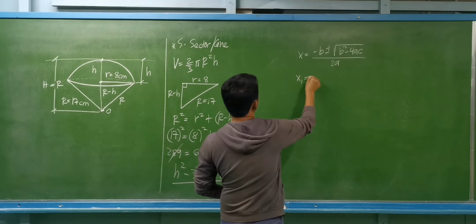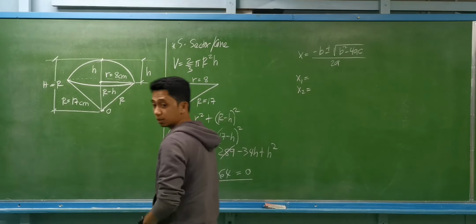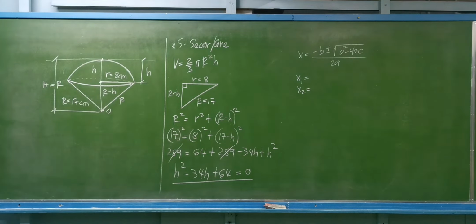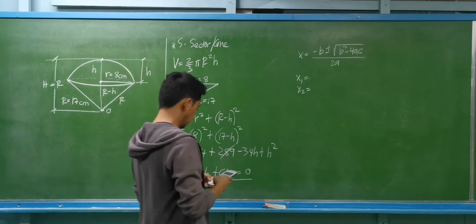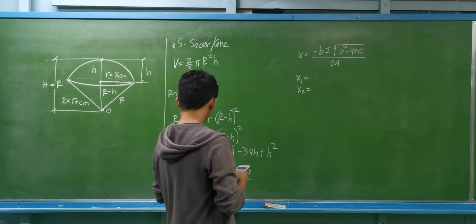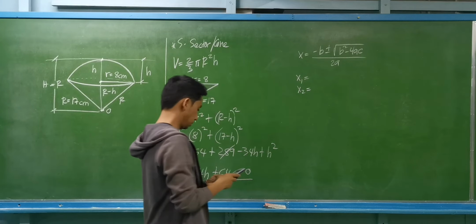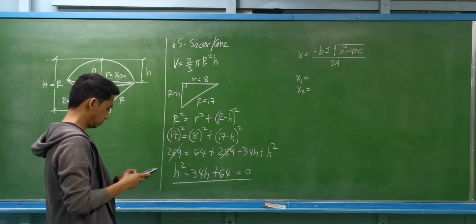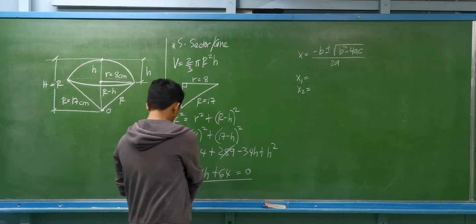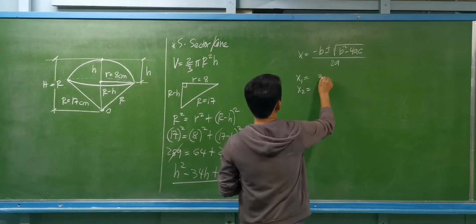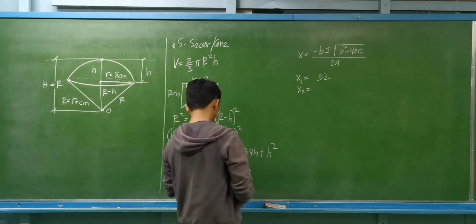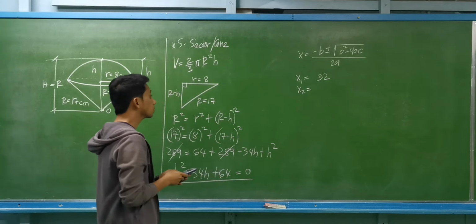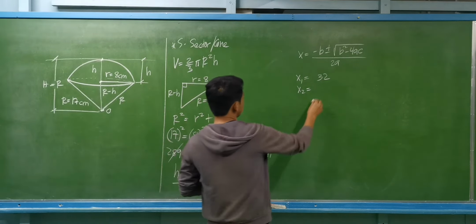So let us determine the roots using that equation. One of the roots is equal to 32, and the other root is 2.